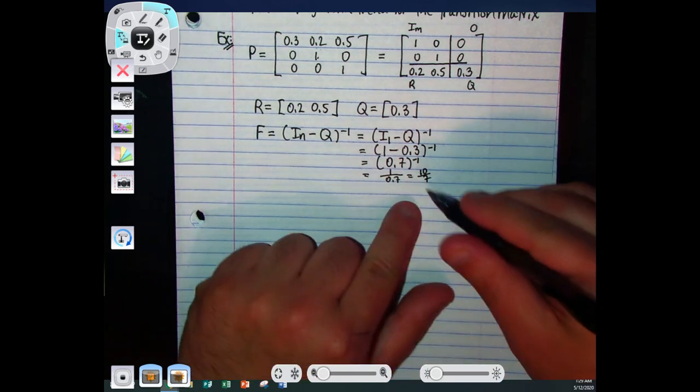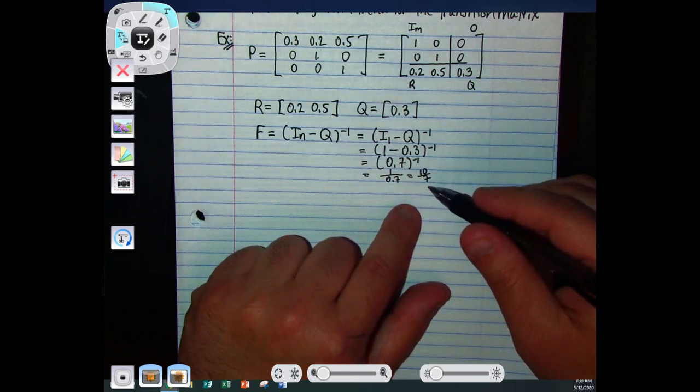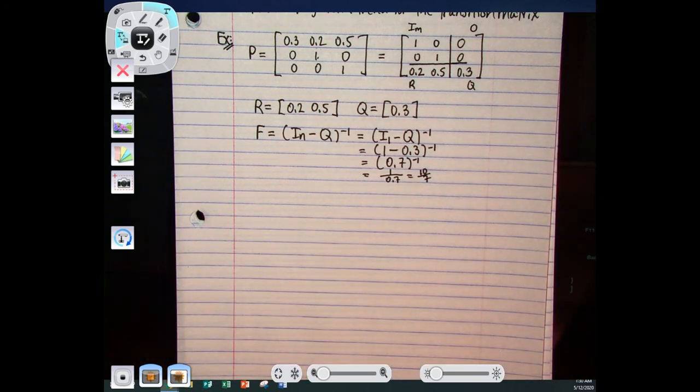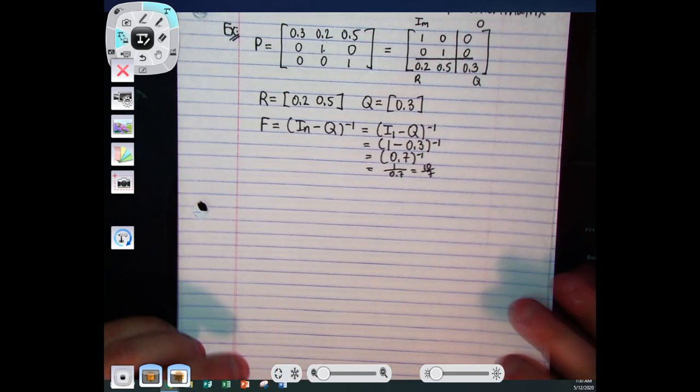So this 10/7 tells us the expected number of steps before ending up in an absorbing state. That's what that tells us. Okay.